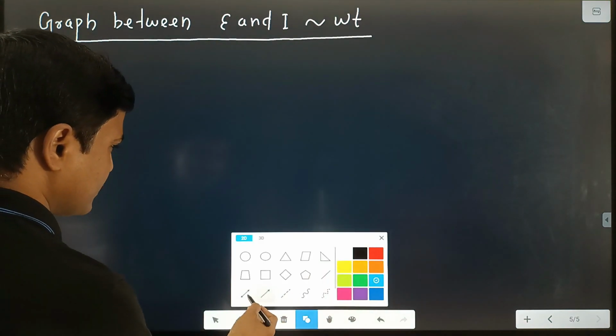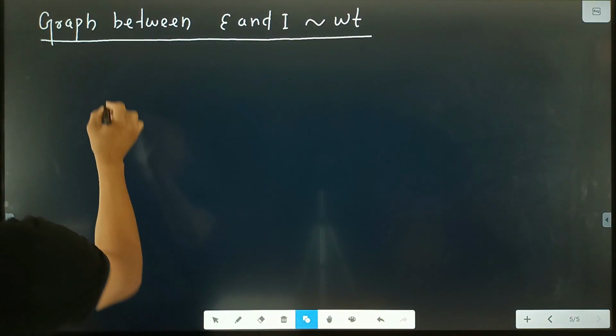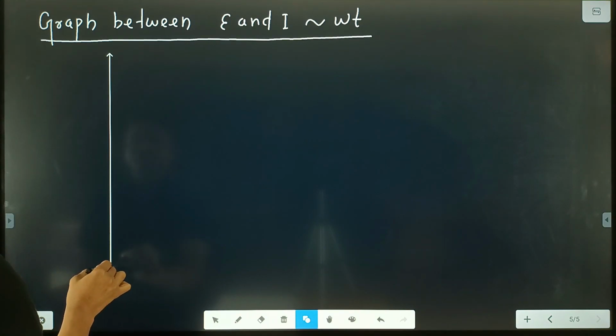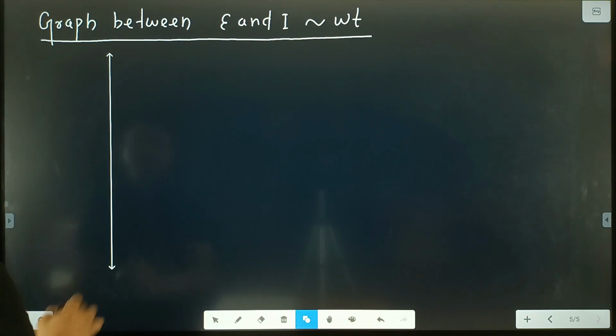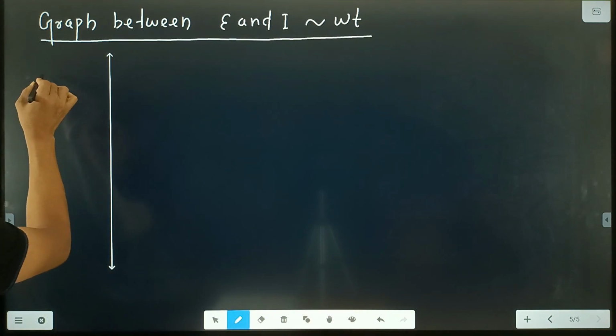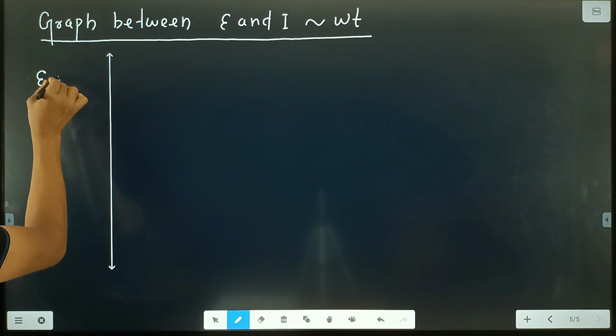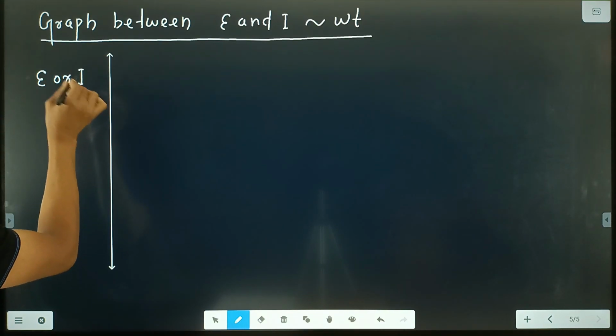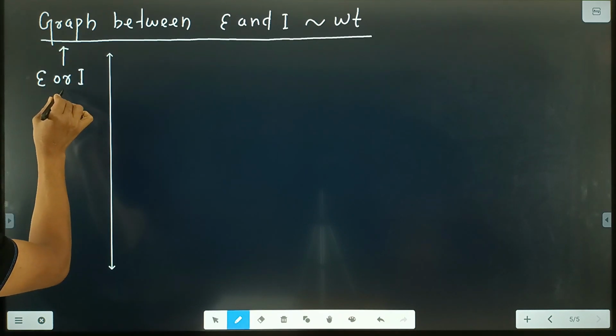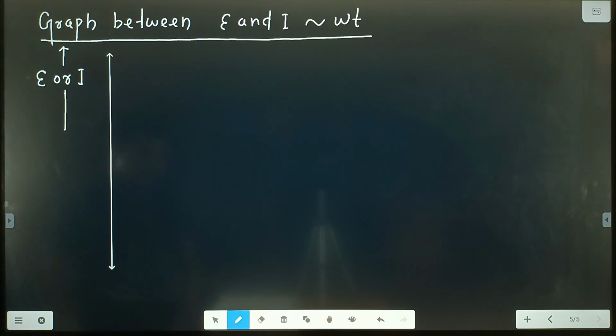Same thing, here also we take two axes. This one is your EMF axis or current axis. We write E or I. We take voltage or current in the y axis.